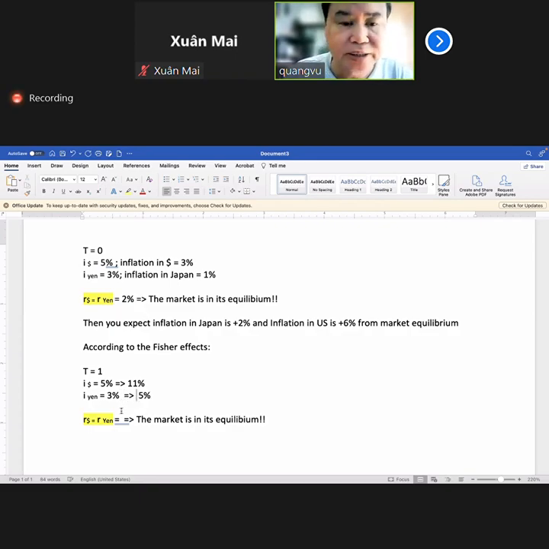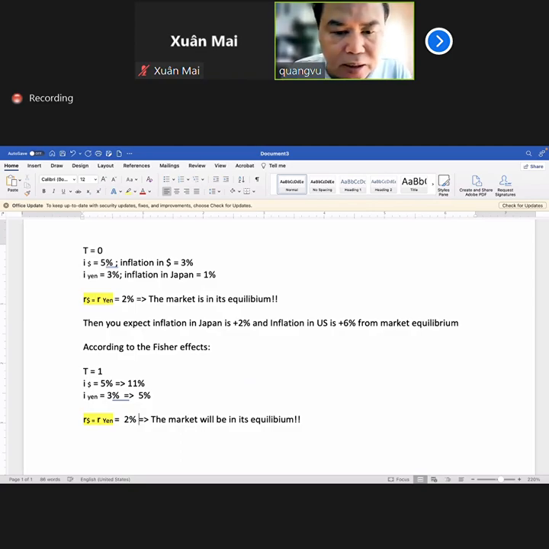The market in FX will be in equilibrium if and only if the real rate, not nominal rate, between the two countries is exactly the same. Let's calculate the real rate now. It goes up by 6% more, so it's 9%. So see, the same 2%.